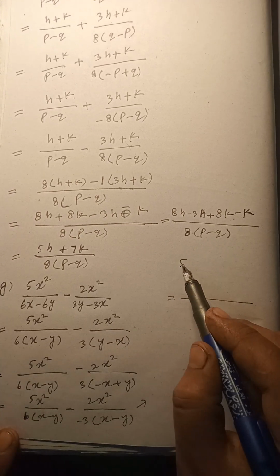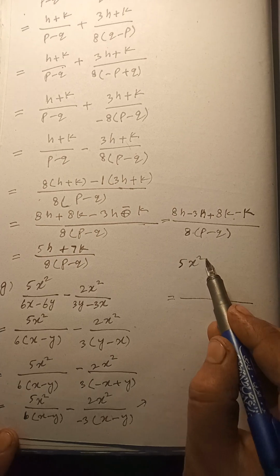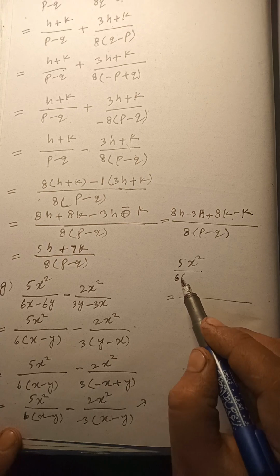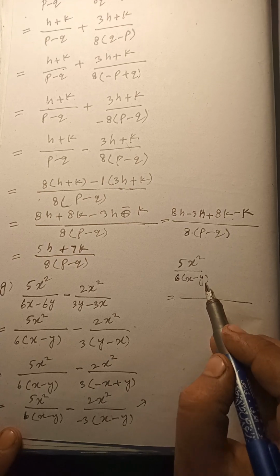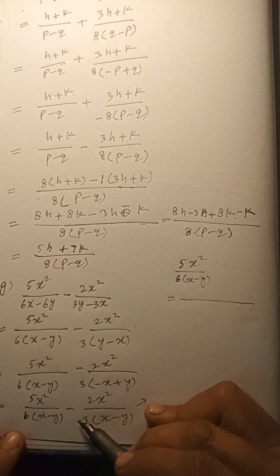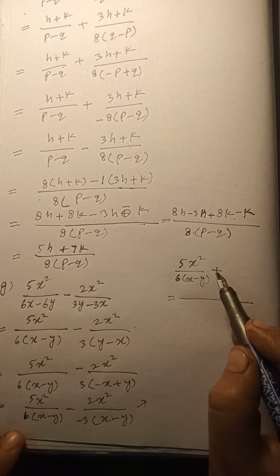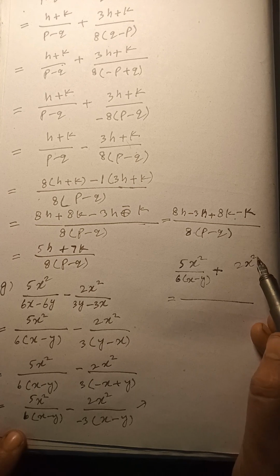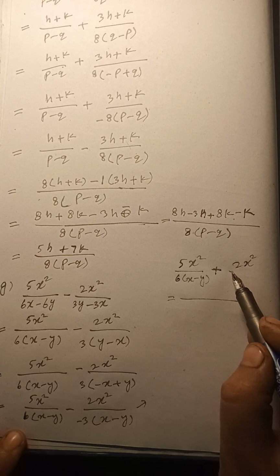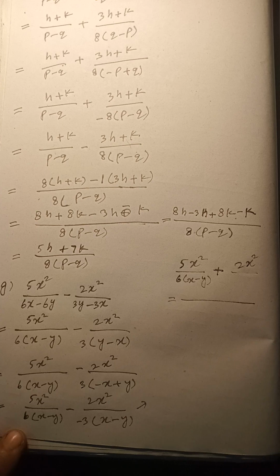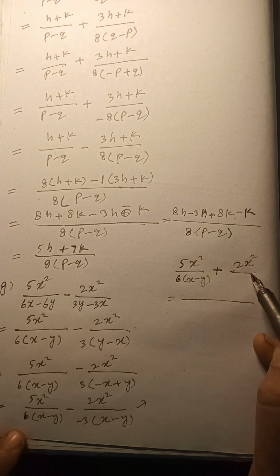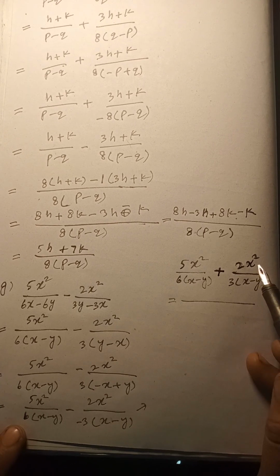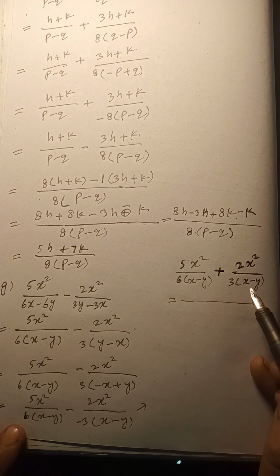First step is here 5x square over 6 into x minus y. This minus sign and this minus sign, minus makes plus here, and then 2x square over this minus plus, and 2x square over 3 into x minus y.